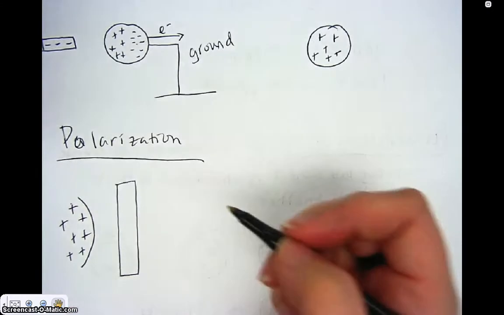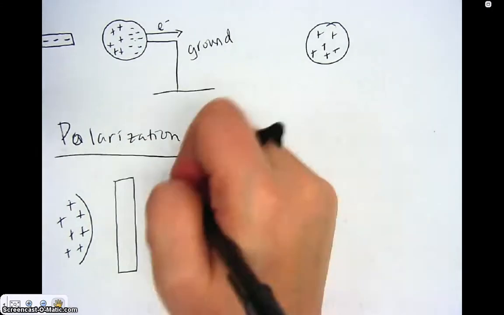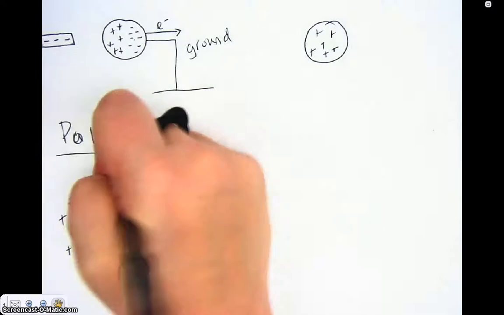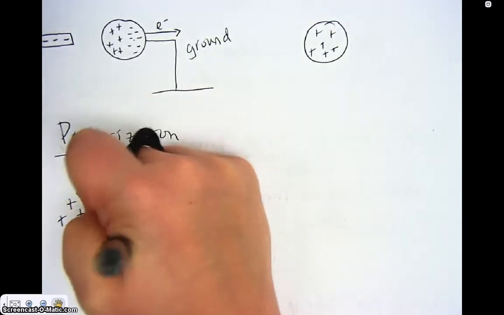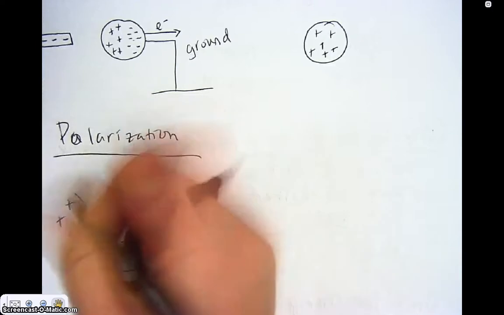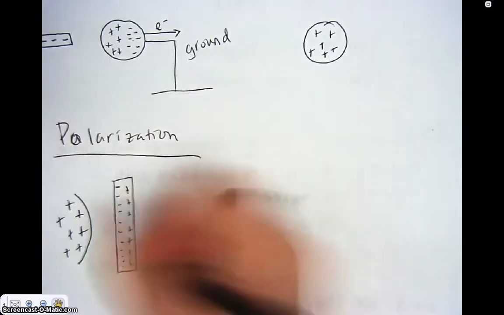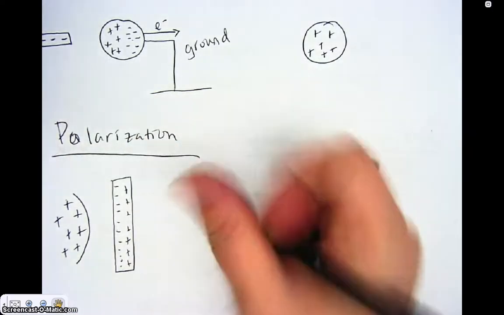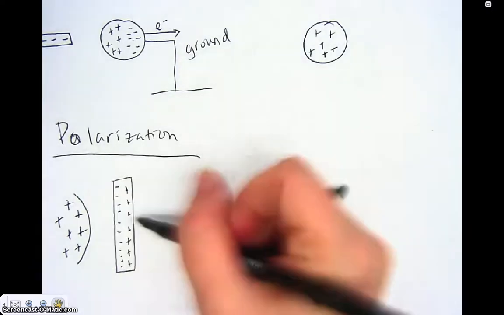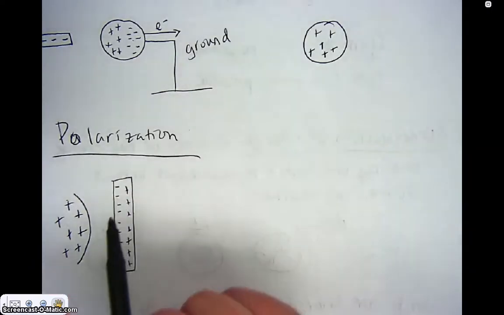Could be an insulator, where electrons don't flow freely. It's still going to attract the electrons to one side and push the protons sort of to the other side. And so we create this polarized object that has a positive and a negative end just by bringing two objects close to one another.